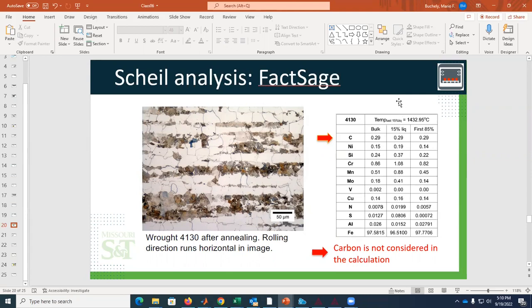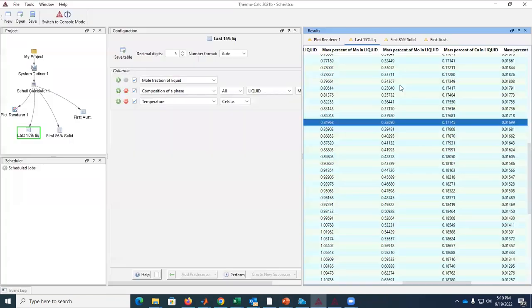So that's for the last percent, the last liquid to solidify. I assume that the more segregated areas, which are rich in composition, are the last 15%. So that banding is related to that last liquid. Now, it's also important to know the first 85% of liquid, or I could say the first 15% of solid.